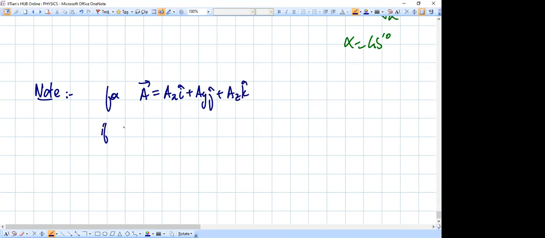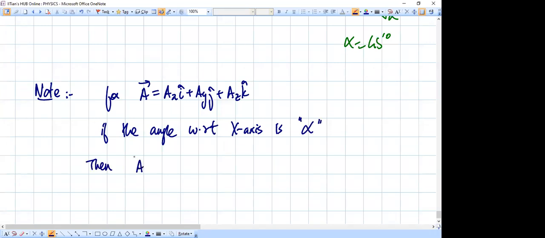If the angle with respect to the x-axis is alpha, then A dot I cap should equal the magnitude of A into cos alpha, because the magnitude of I cap is 1. By definition, AB cos theta.